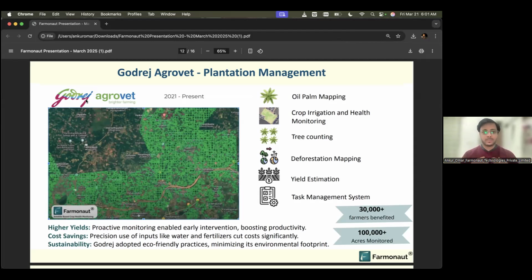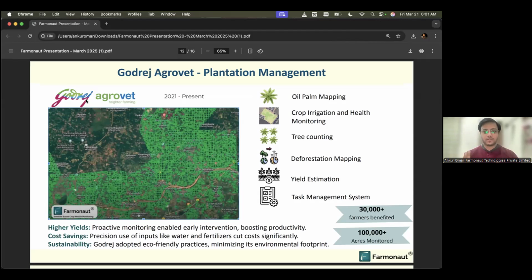So using high resolution satellite data, we scan those geographies and let them know where those locations are, where this plantation is there but they have not geotagged it. So we help them pinpoint those locations which they probably could not have found using the ground team.